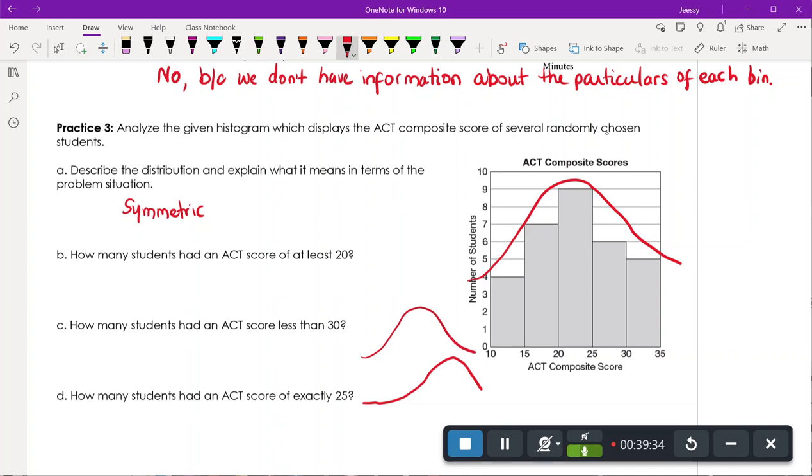The fact that these are randomly chosen means that about 50% of the students know the average, right? 25% are the top scores and the lower 25% are the lower scorers. It does make sense. These are randomly chosen students, okay? Clear?